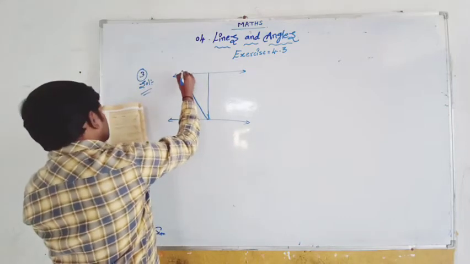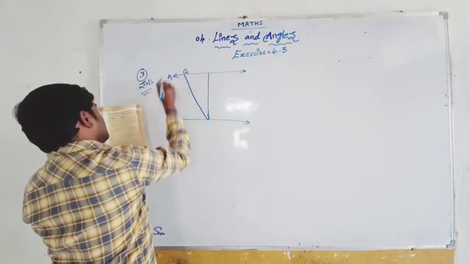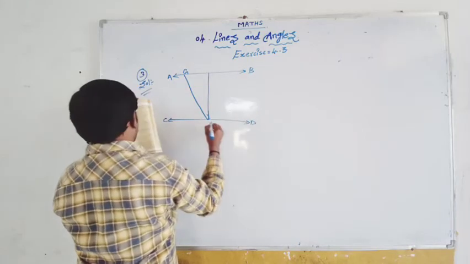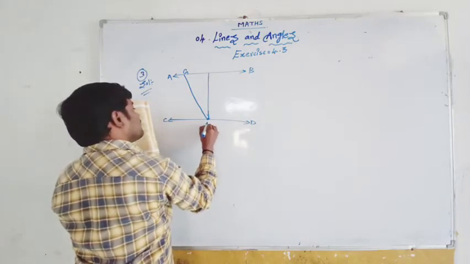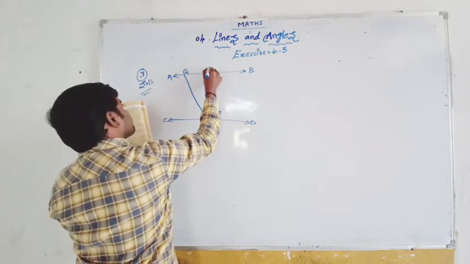Here it is G, here it is A, here it is C, here B and D. This is E. This is 90 degrees, and here is F.